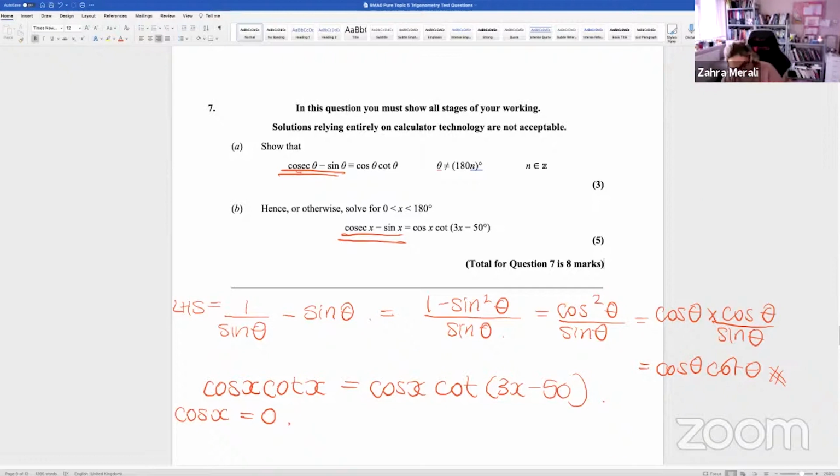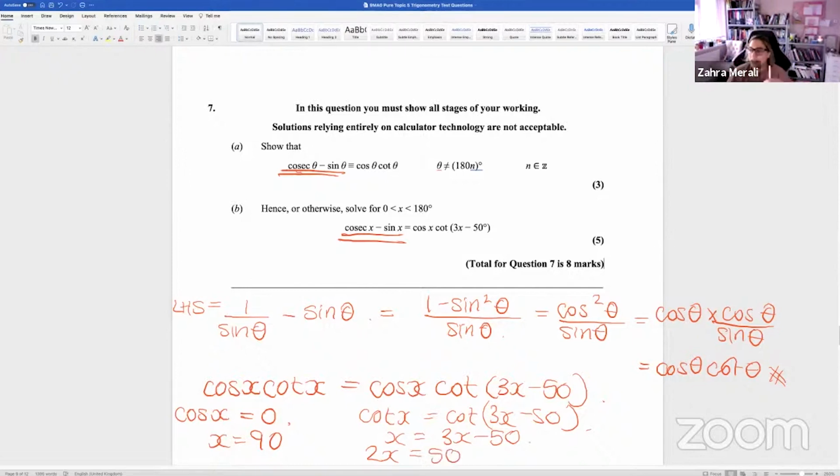Okay, and we know that will give us 90, so we've got one solution. And then we can make the cot x equal to cot 3x minus 50. So x equals 3x minus 50. So we end up with 2x equals 50, but we have to remember it's cot, and cot works exactly the same way as tan.